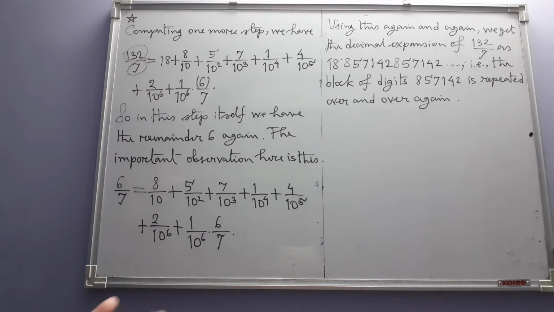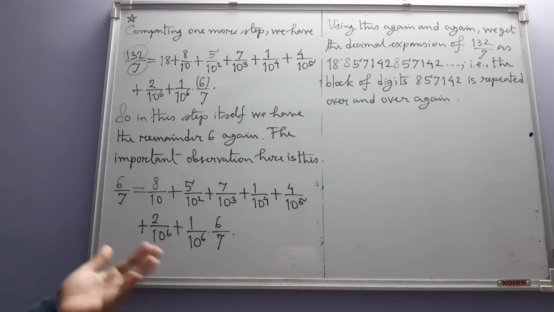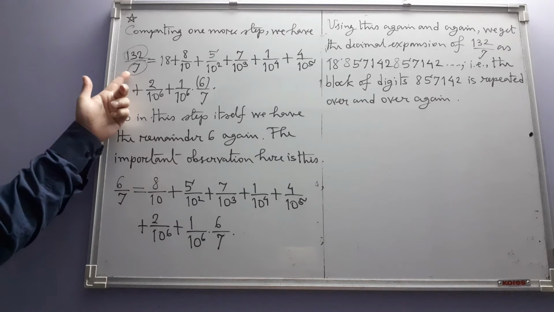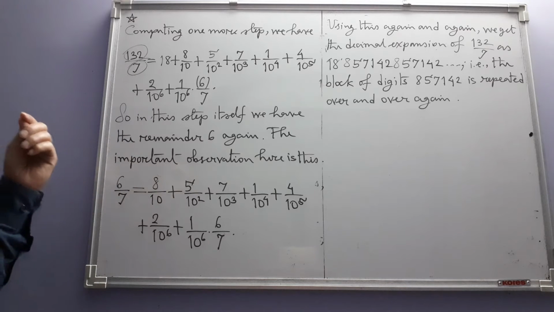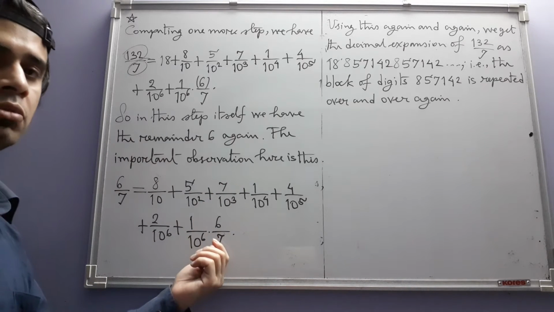What we are doing is just applying the Euclidean algorithm in a particular way. Every time we are getting a remainder, and the fact that the divisor stays the same makes the list of remainders finite. So after some stage repetition will occur.